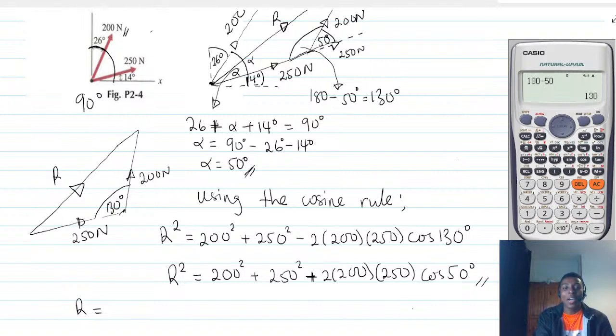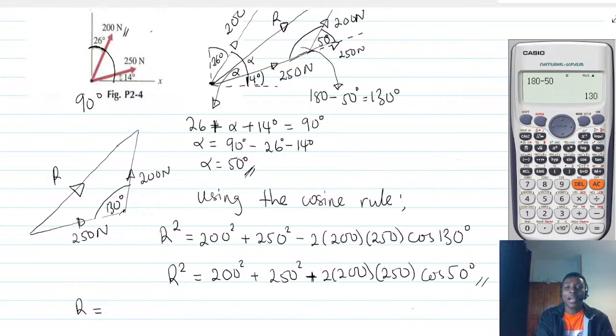All right. So let's pick our calculators, and what is going to be the value of the resultant? Please, someone should tell me the answer. If you have your calculators with you, kindly punch the values. Okay.